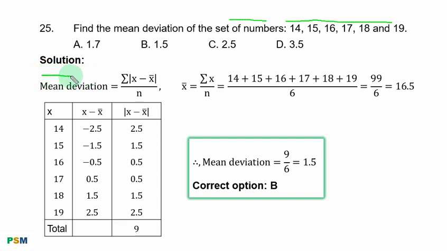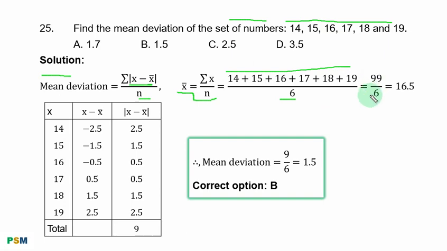Mean deviation is equal to summation of the absolute value of S minus S bar over N. S bar is needed, which is the mean. The mean is equal to summation S over N. You add all the numbers, they are 6 in number, divide by 6.